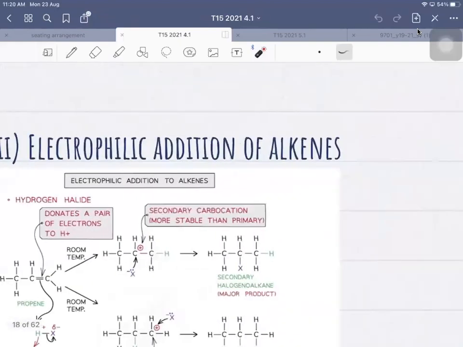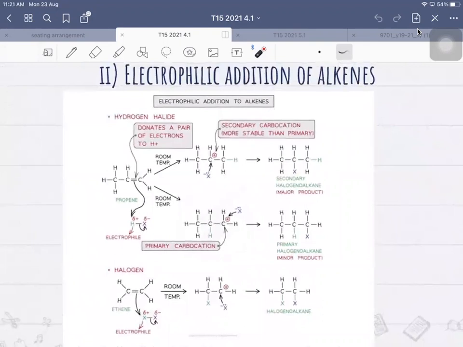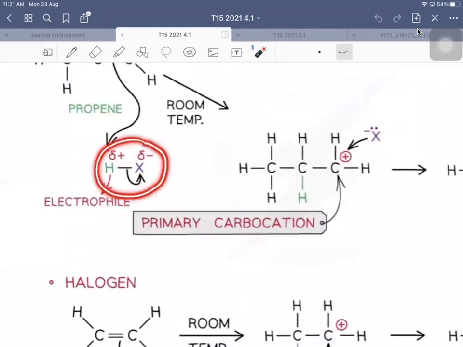Okay. The second type of reaction is something that you have learned as well. It is called the electrophilic addition. In your notes, you are given the first example where you use hydrogen halides. HX in the notes means a hydrogen halide, where X is representing a general halogen, whether it's chlorine or bromine.